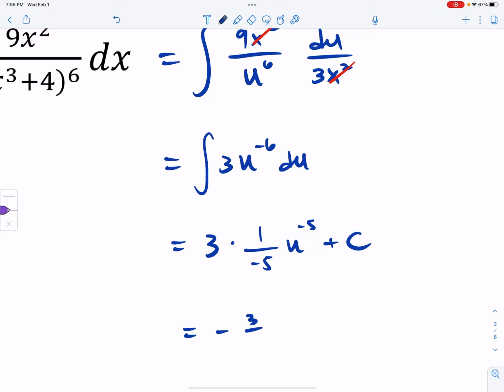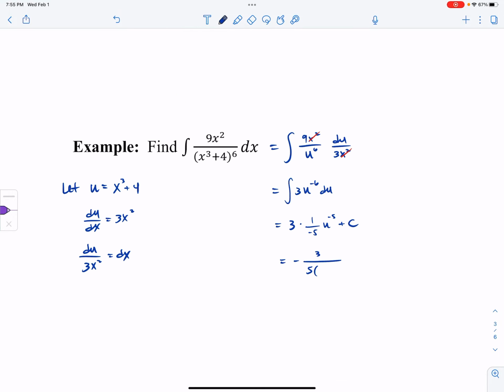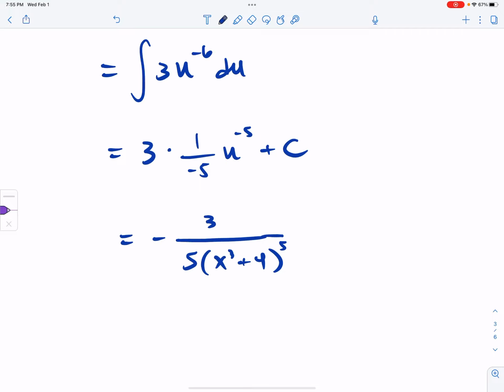So negative 3/5, or I'm just going to write this as a single fraction. So negative 3 over 5 times x cubed plus 4 to the 5th plus c.